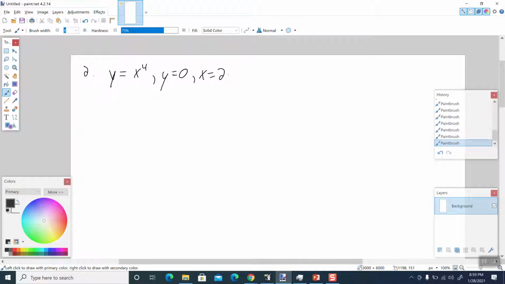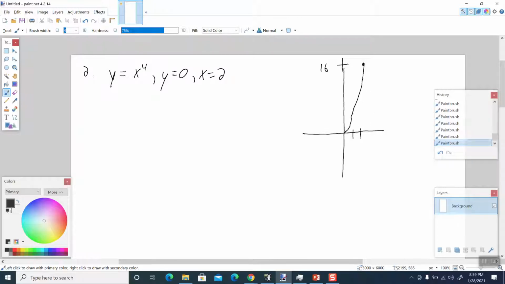X is equal to 2. Pretend that's the correct graph.